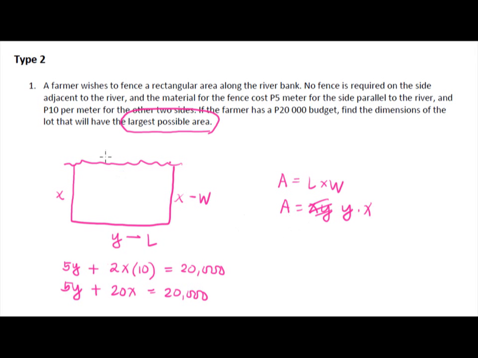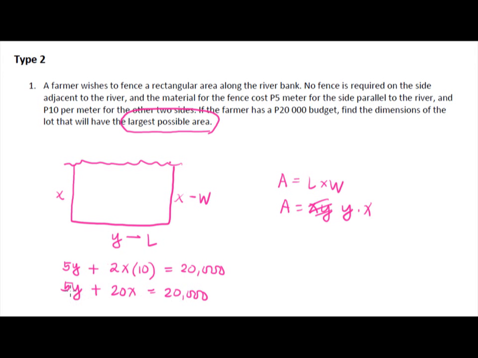Now in solving problems like this, as much as possible, we need to express an equation in terms of one variable only. So we are dealing with this equation, 5y plus 20x equals 20,000, and an area equals y times x. So you have a choice, either you change the y into an x, or you change the x into a y. But looking at this equation, by the way, we can see a 5, a 20, and 20,000.